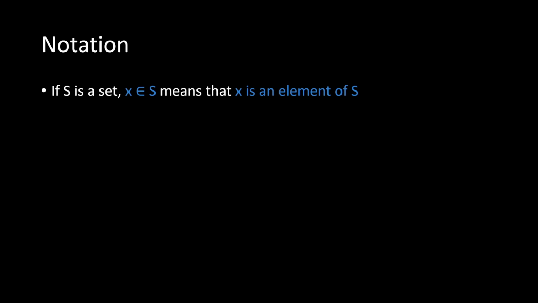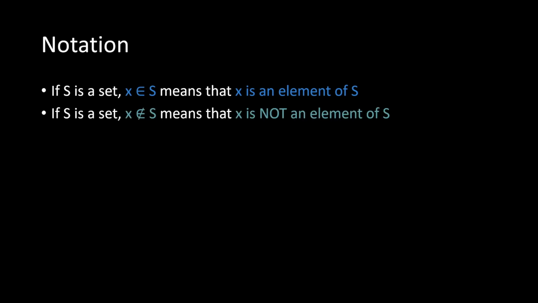We can do something very similar to indicate that something is not an element. So if S is a set, X is not an element of S. Again, it's very similar, except we have a slash to indicate that it's not an element of a set.